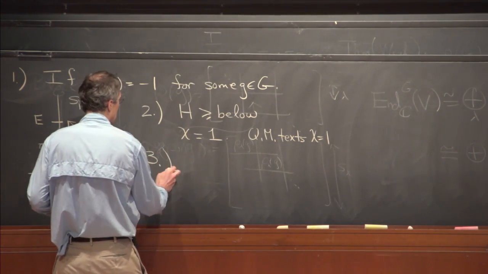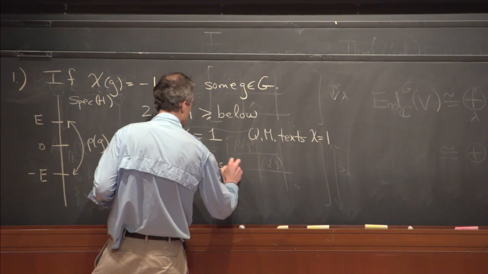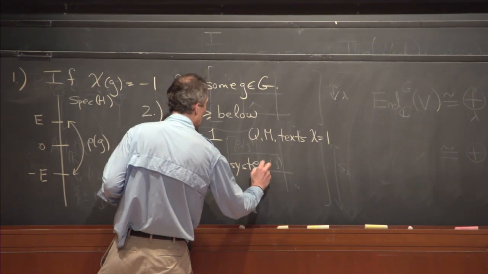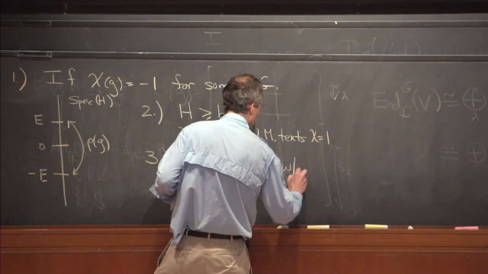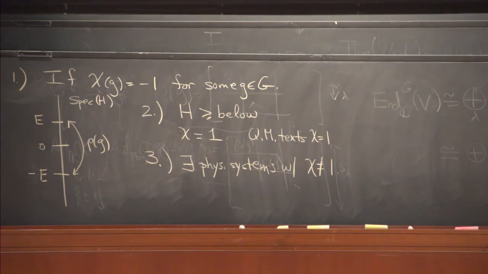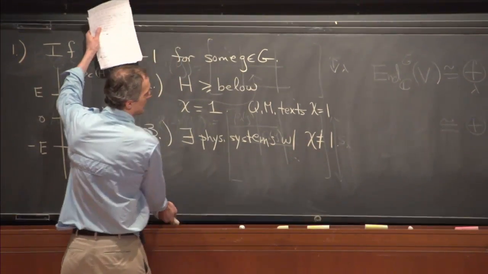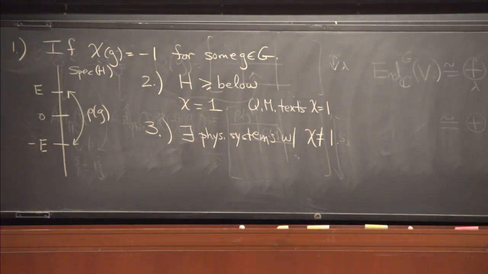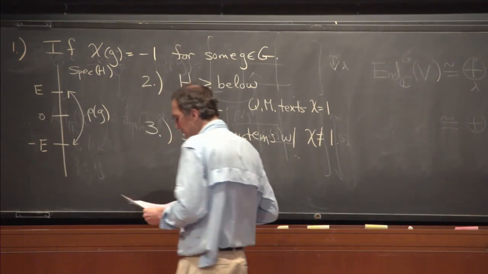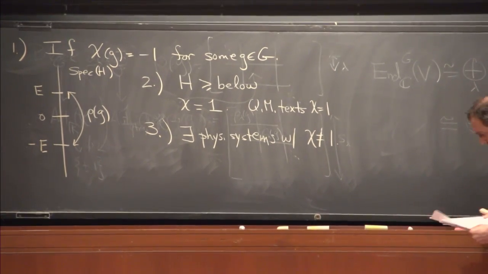Nevertheless, there exist physically interesting systems with chi not equal to 1. Chi equals 1 means chi is trivial. It means chi of G is 1 for all G. Chi not equal to 1 means chi is non-trivial. It means chi is -1 for some G. That is, there could be antilinear, quote, symmetries that preserve time orientation.